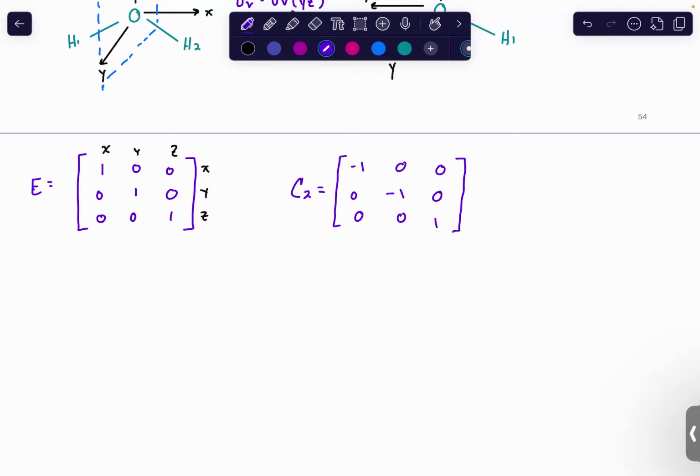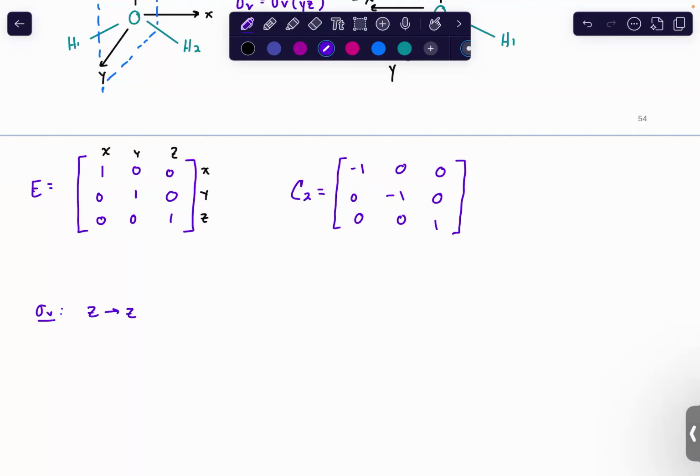Okay. Let's look at sigma v. X and Z stay the same, Y changes. So what do you think that's going to look like? Z will go to Z, 1. Y will go to -Y, so -1.